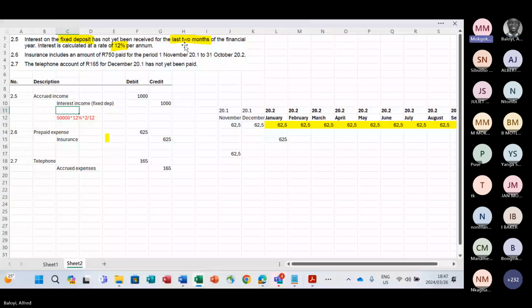Mr. Alfred, can you share the screen? Yes. I'm sharing. Hello, does anyone have an issue with the screen? Yes, we cannot see. It's not visible.